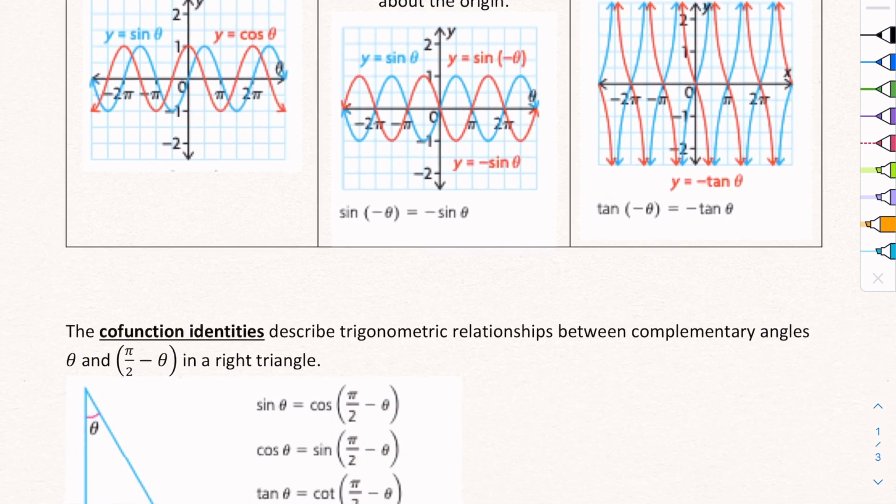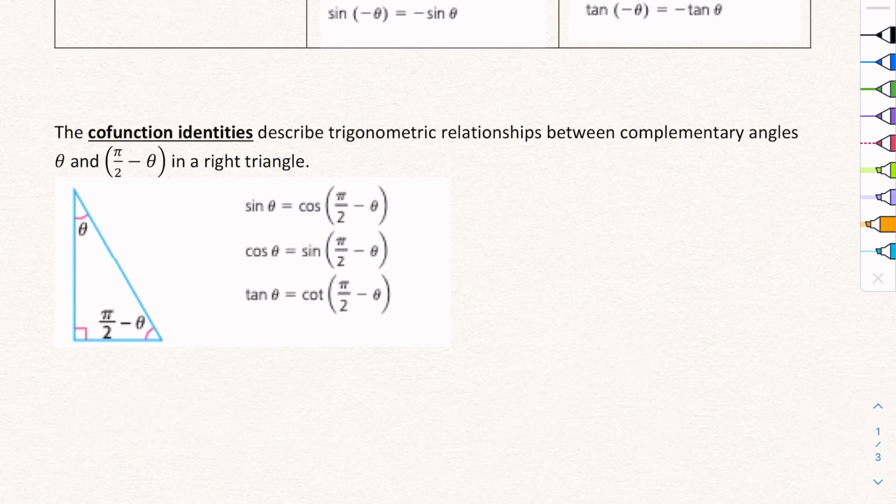So a new term here is the cofunction identities. Cofunction identities describe the trig relationships between the complementary angles of theta and pi over 2 minus theta in a right triangle.